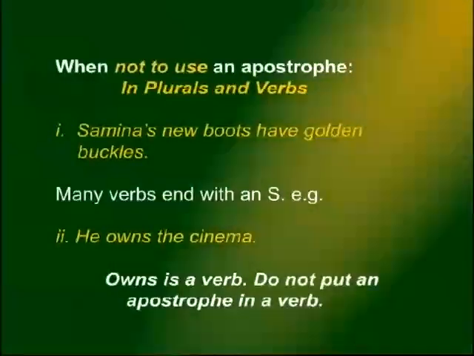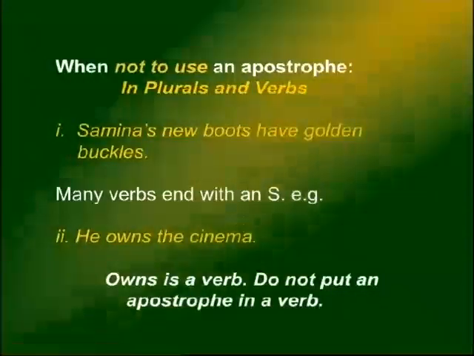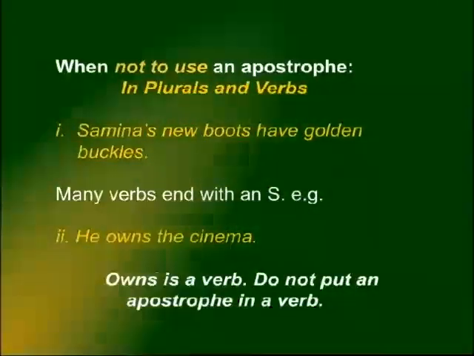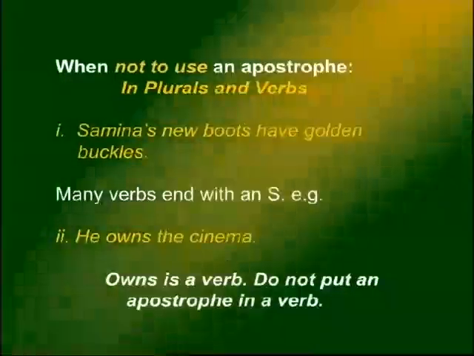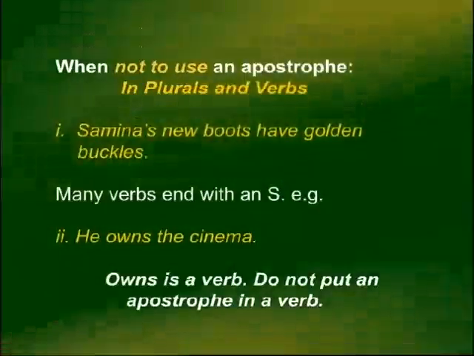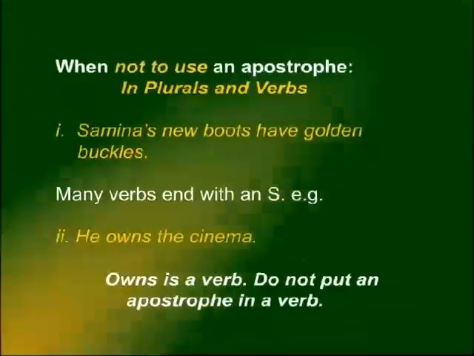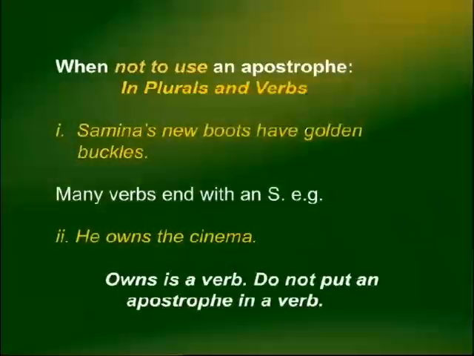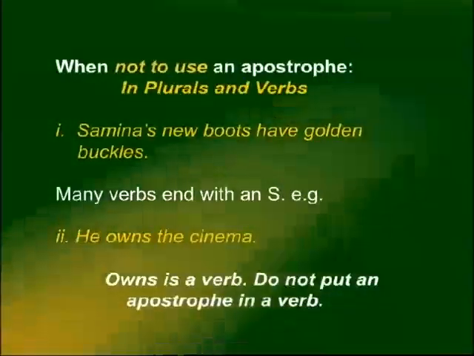Now, as I said, there are always exceptions, when we do not use an apostrophe in plurals and verbs. The possessive and plural forms of words are often very confusing. Remember that a plural is formed simply by adding an S to a word. No apostrophe is used.